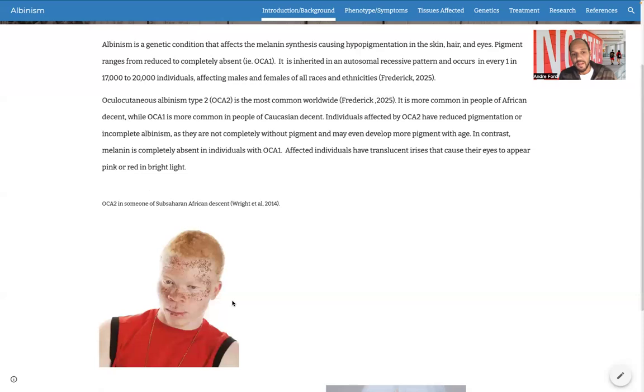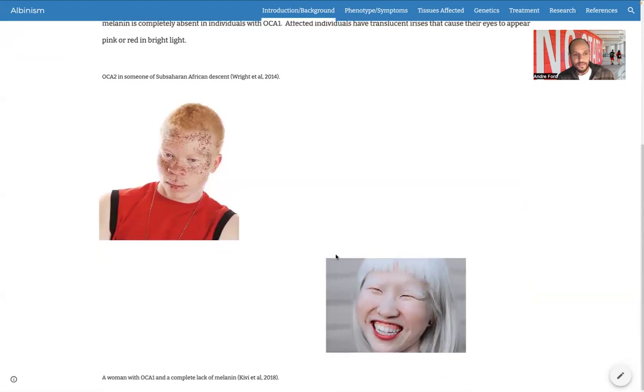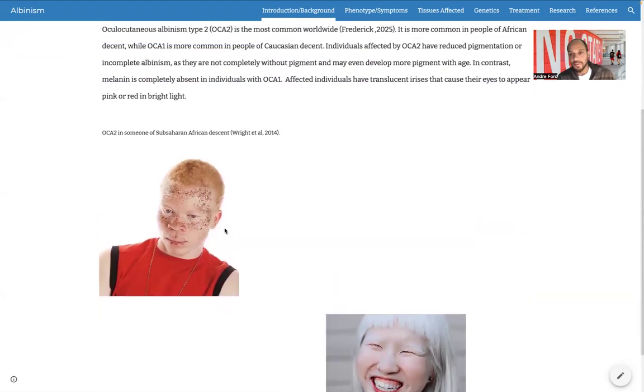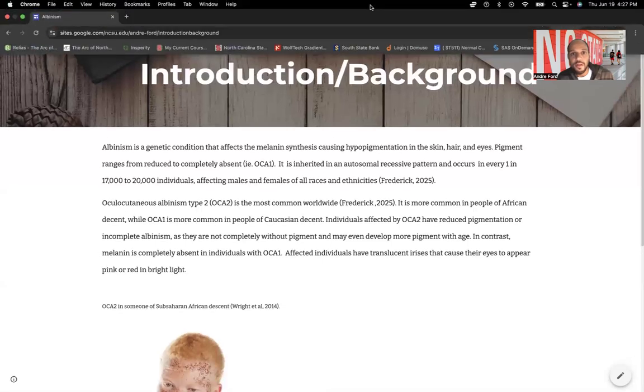You can see that he does still have some pigment, but a lot of freckling, the characteristic lighter hair, which is usually not blonde, but it can range from light brown to reddish orange. It can be a lighter color, but it's not this color here. Also, individuals with OCA2 can sometimes develop more pigment with age. So there's another difference.